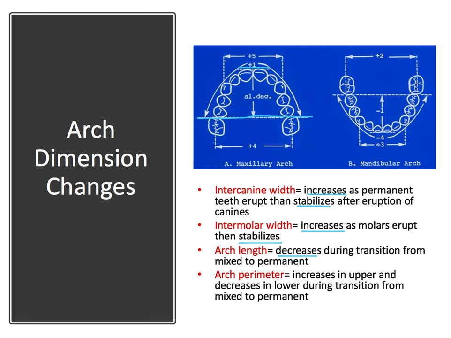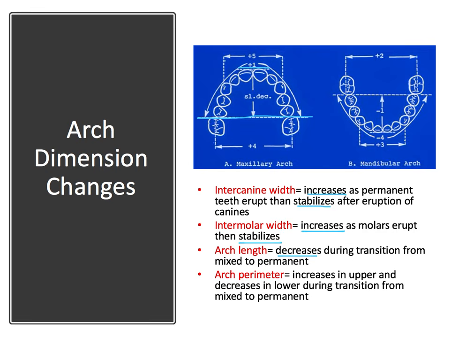And that's because of the leeway space. So the first molars are coming forward to close that space once those E's, or the primary second molars, exfoliate. So you're probably getting more decrease in the lower arch because we have more leeway space down there, but you are getting a decrease in both arches.